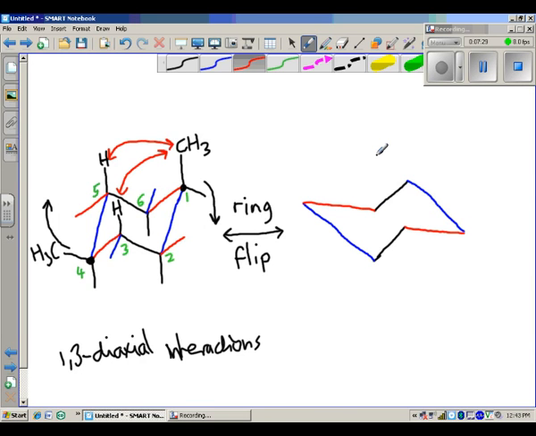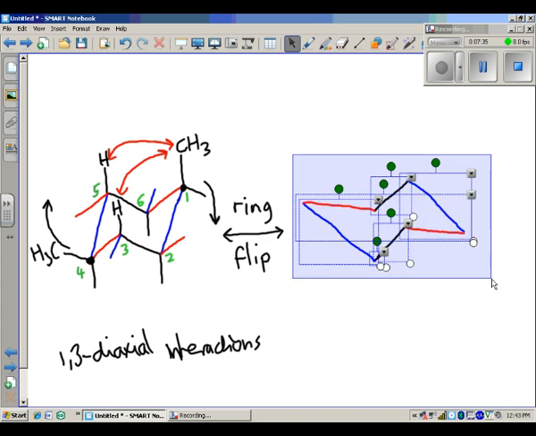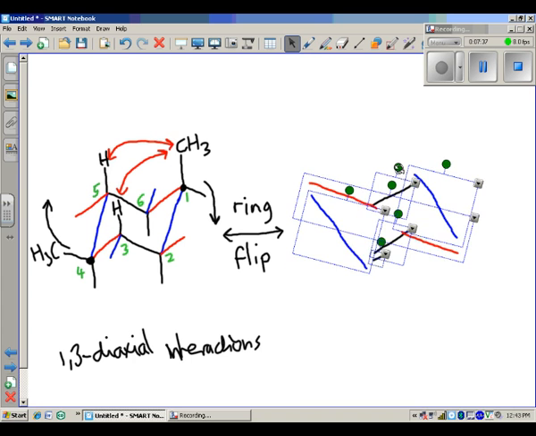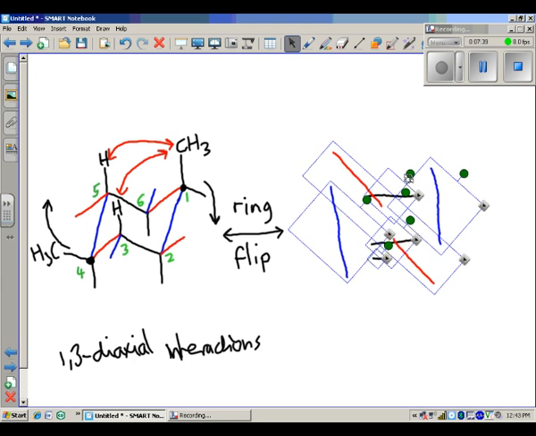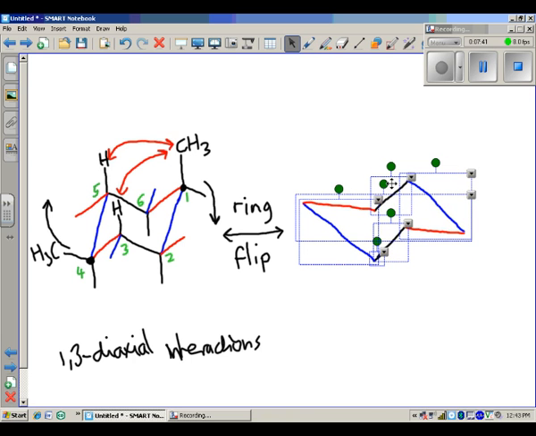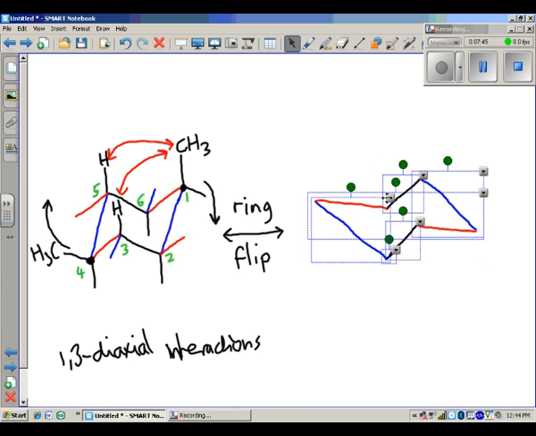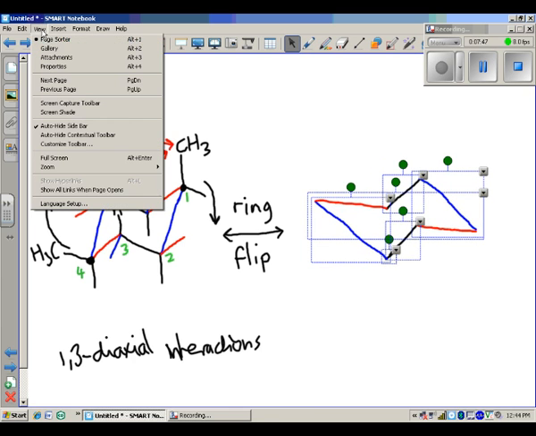Now I'll be perfectly honest, this is not the best representation, so what I'm going to try and do here, if I can, is rotate. Oh, balls. That's not what I wanted to do. I guess I can't rotate the whole thing. Hang on a minute, let me see if I can.